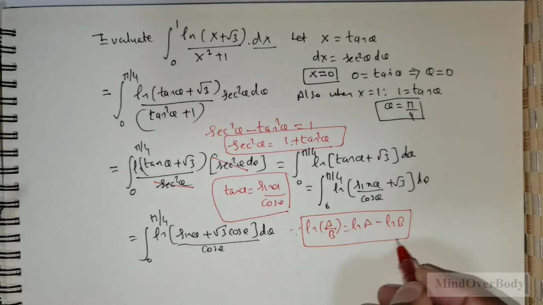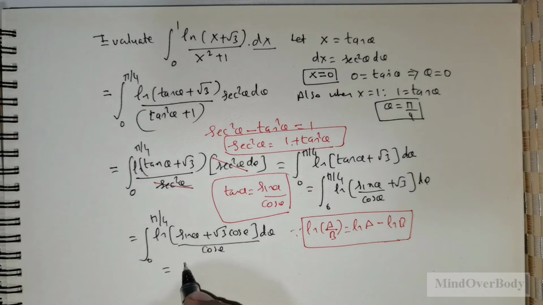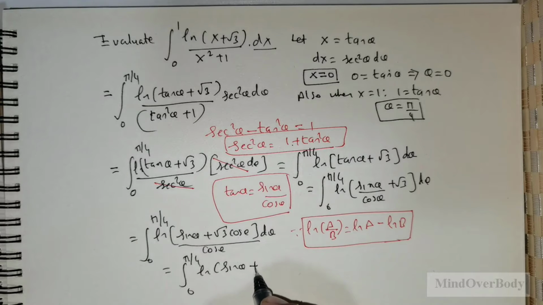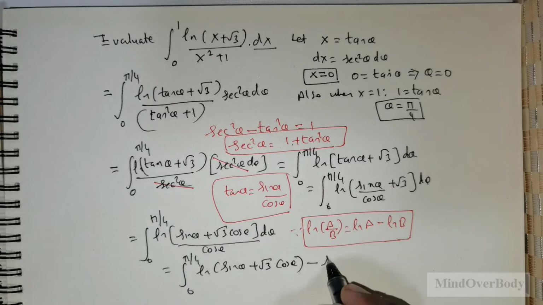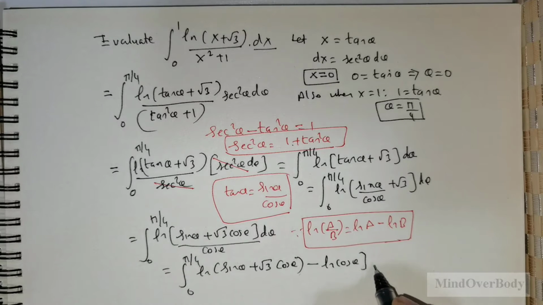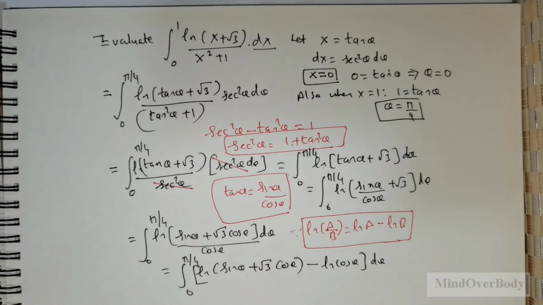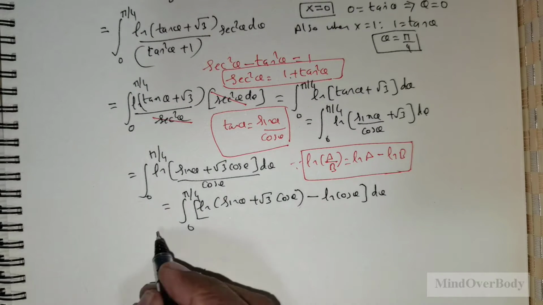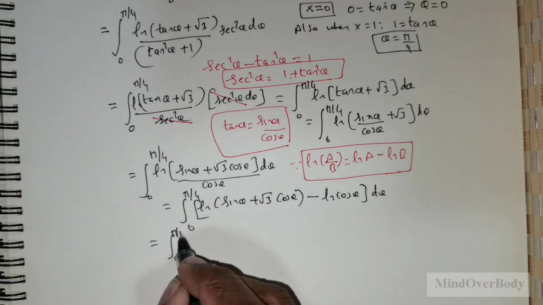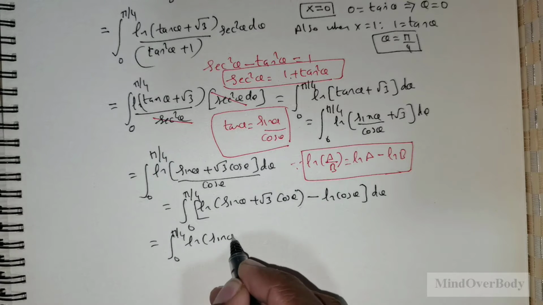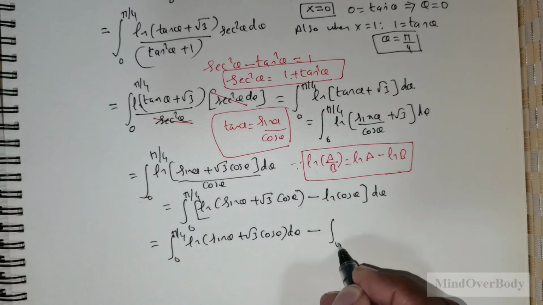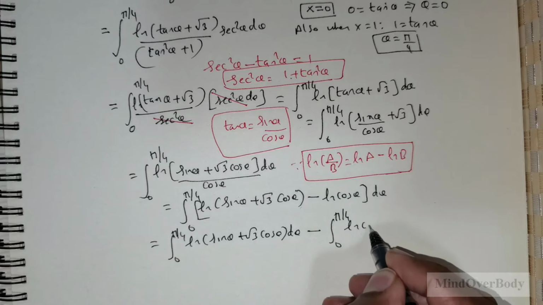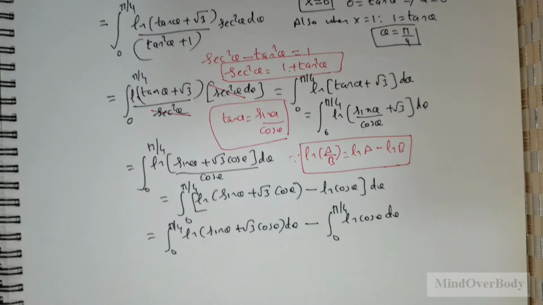Because of this formula, I can rewrite this as the integral from 0 to pi over 4 of (ln of (sin theta plus root 3 times cos theta) minus ln of cos theta). Of course we have d theta there, so place a parenthesis and place the d theta. Now this can be rewritten as the integral from 0 to pi over 4 of ln of (sin theta plus root 3 times cos theta) times d theta minus the integral from 0 to pi over 4 of ln of cos theta times d theta.